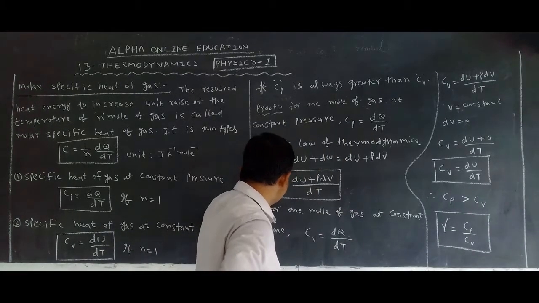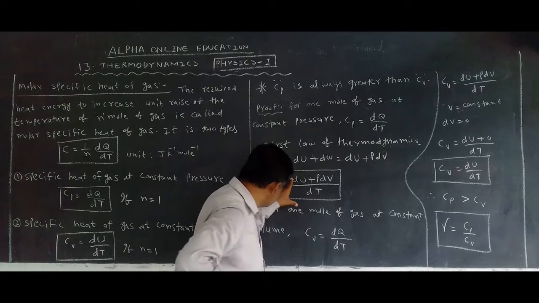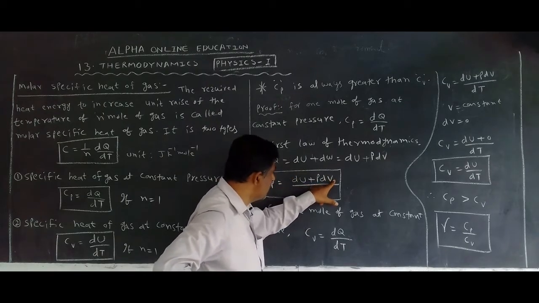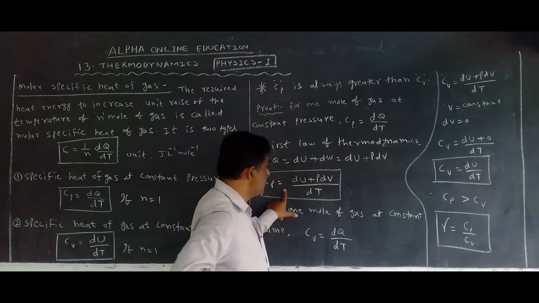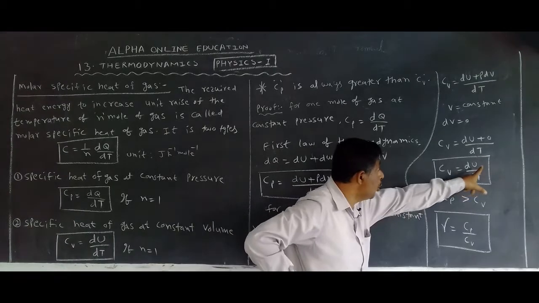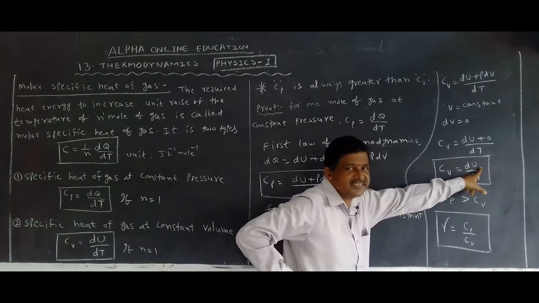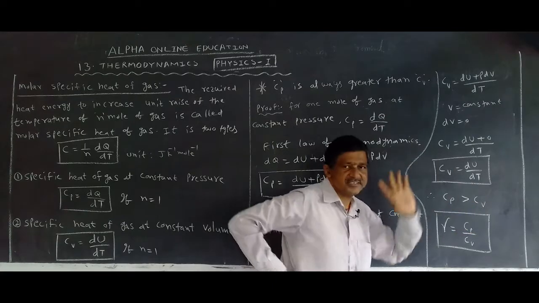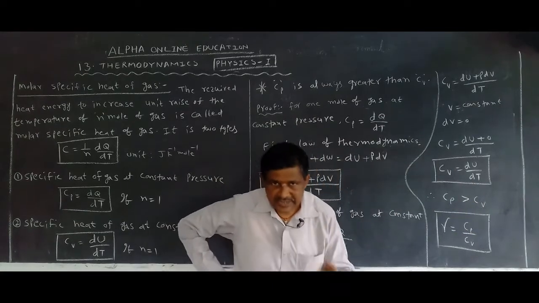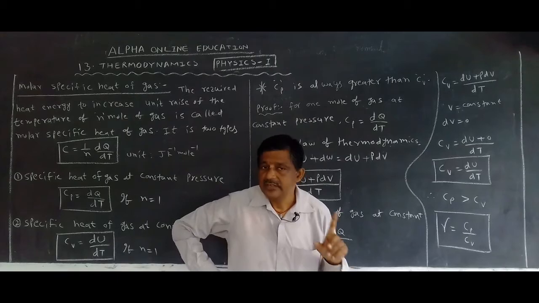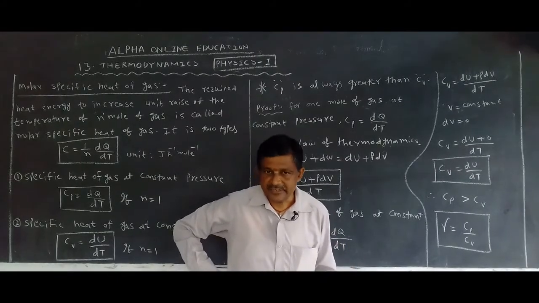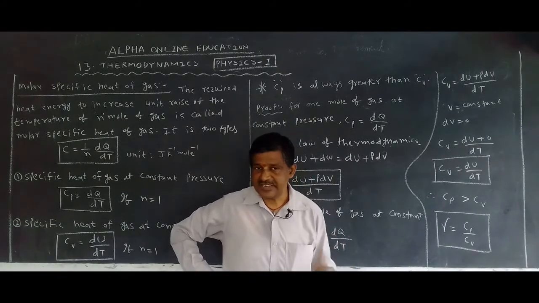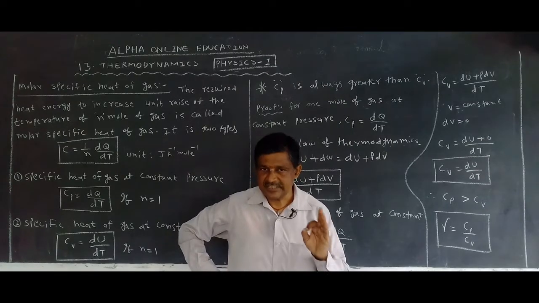That's why Cp is always greater than Cv. Specific heat at constant pressure Cp, specific heat at constant volume Cv, but which is greater? Cp is always greater than Cv.